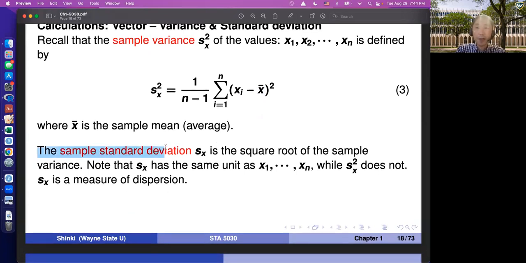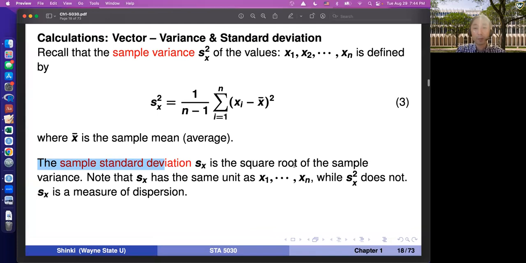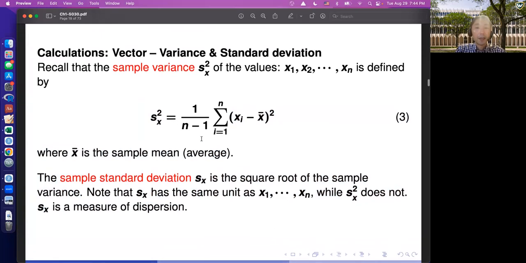And the sample standard deviation is the square root of the sample variance. Actually, the variance has a very strange unit. Suppose that x_i is in kilograms. Then what's the unit for s sub x squared?